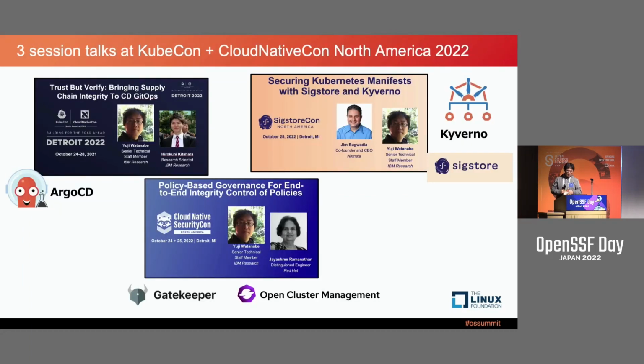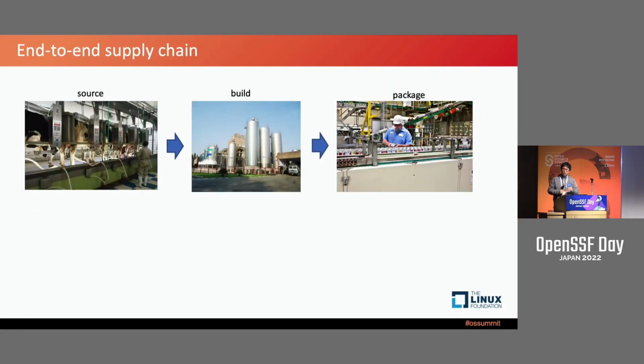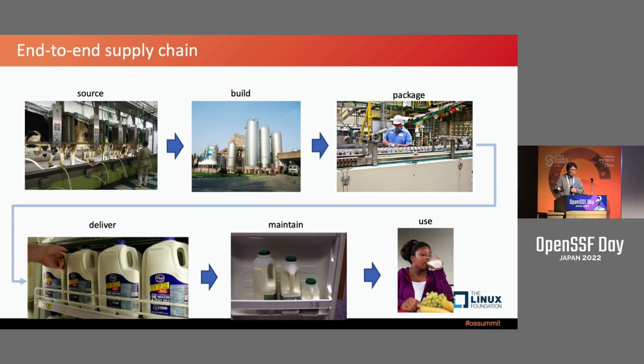From this, we are trying to create a so-called end-to-end supply chain. What does this mean? Milk is produced in the plant and packaged securely. But from the end user's viewpoint, the milk must be delivered securely and kept in your refrigerator until just before you drink it.